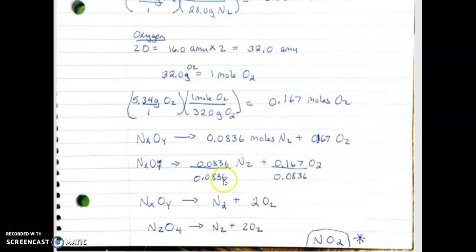So how can we convert this to whole number integers? We simply divide by the smallest number, and that would be 0.0836. If you do that division, of course, that means this becomes a 1. We have 1 mole of nitrogen for every 2 moles of oxygen in this decomposition reaction.